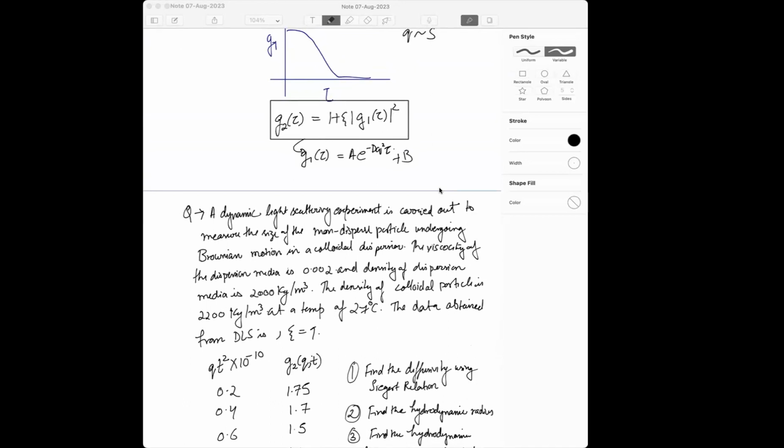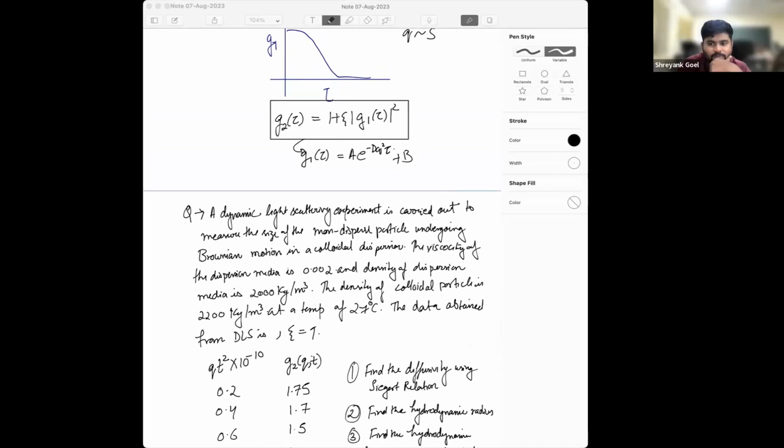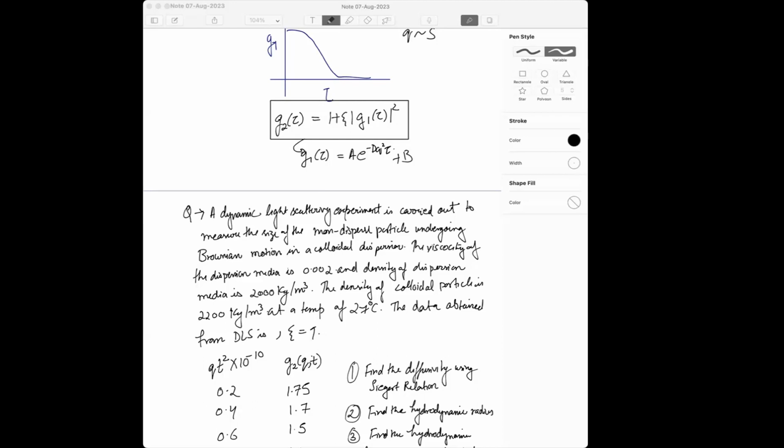So what's the issue you're facing? Regarding what?